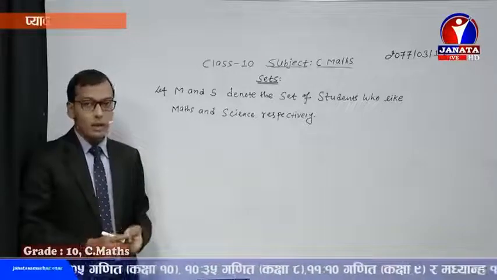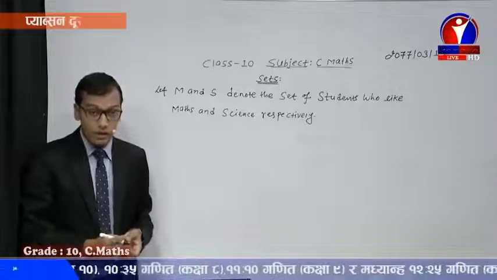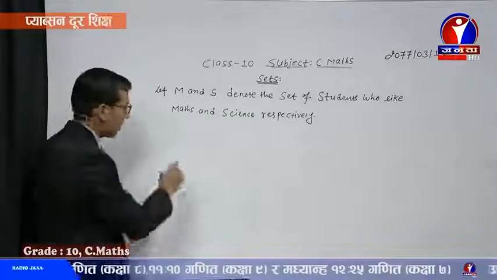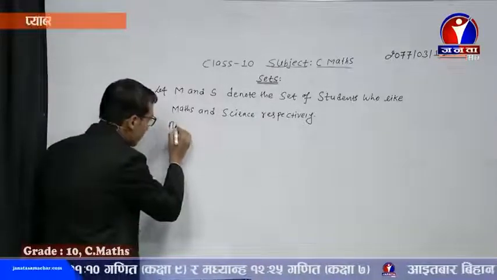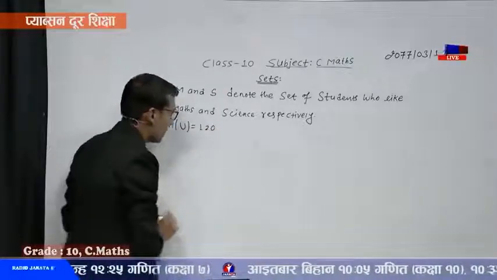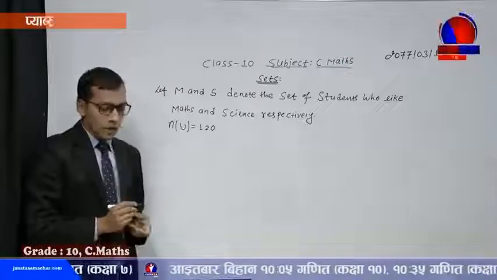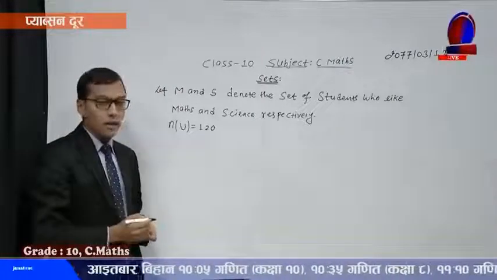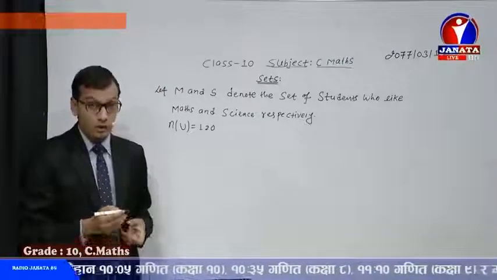So what is the total number of students who appeared in the examination? 120. So n of U is 120. There is a statement which is very important.